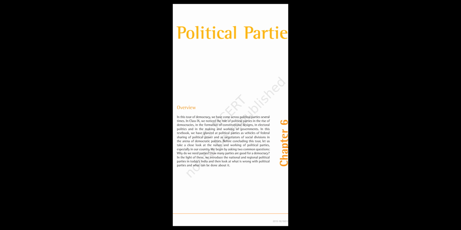How power can be shared between religious groups or religion, and then caste. As you know that there are reservation for scheduled caste and scheduled tribes in the local government bodies as well as in the Lok Sabha and Rajya Sabha according to the proportion of their population.